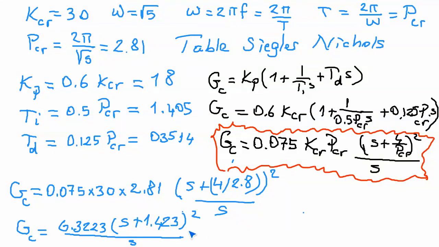So I continue. We are going to add 2 zeros and 1 pole. I come back to our original slides.